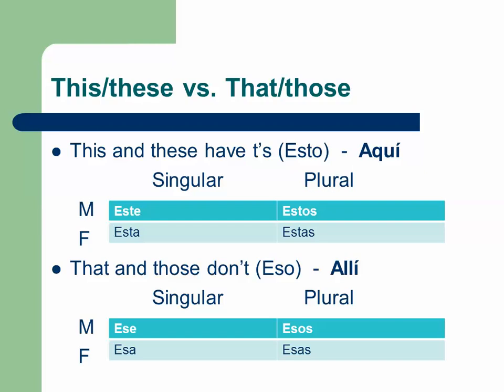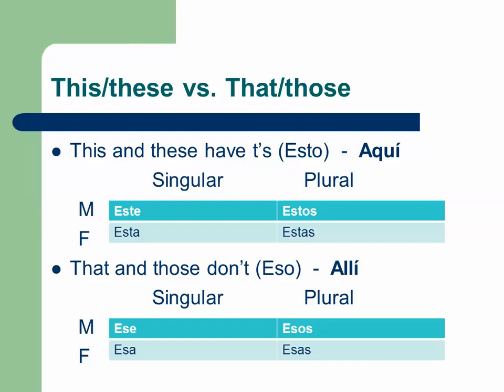Same thing happens with estas. In the verb estar, you have an accent on the A. I don't know if you can hear the difference, but there is one there, just trust me on that. So we have this, and then we have that. We have this thing here, and that thing just a little further over there.